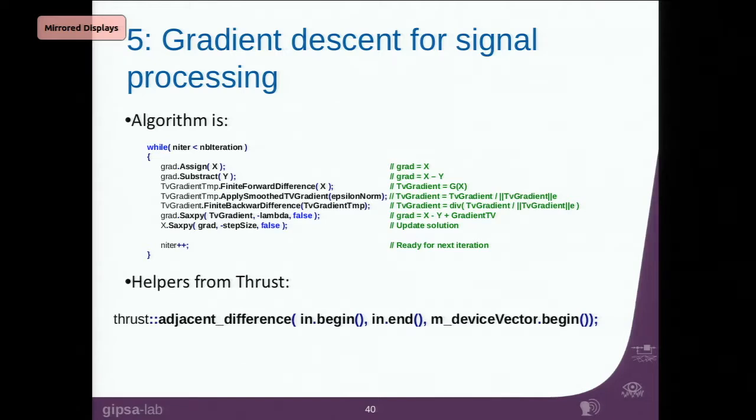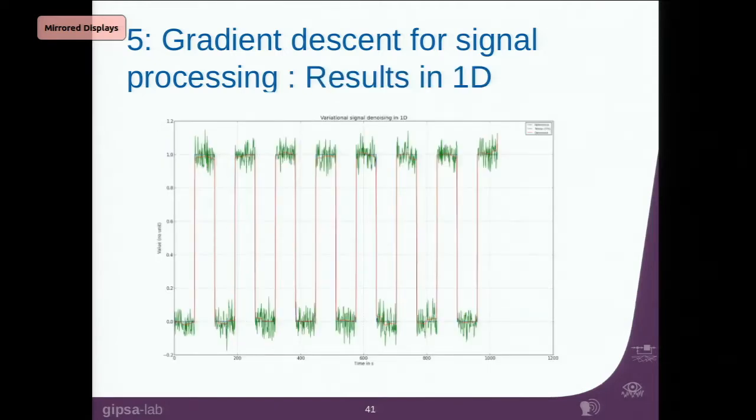And the algorithm, as you see, is really simple. Our aim was to denoise the green signal you can see here with the total variation model, and the curve in red is the denoised signal, and the curve in blue you may see under is the original signal.